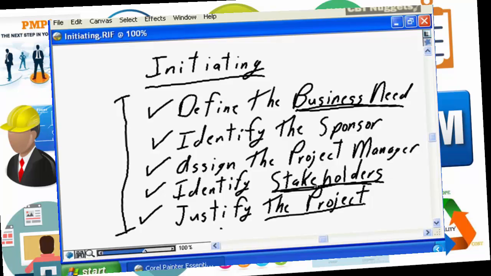So again, I would suggest when you're brought in with initiating already in place or done, or pseudo-done, that you review and do the mini initiation process, reevaluate who the stakeholders are.